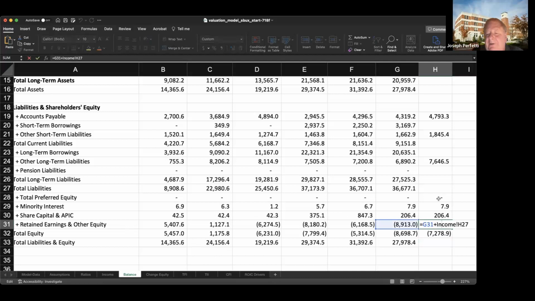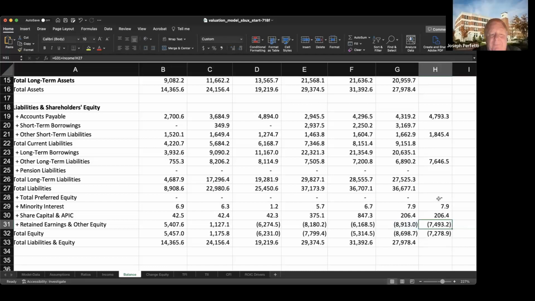So last year's retained earnings, G31, plus this year's change in retained earnings, which was H27, the very bottom line we solved for on the income forecast. Remember, an income statement explains the difference between two balance sheets. So starting balance sheet plus change in retained earnings equals ending balance sheet, equals ending retained earnings. That's the formula we're using here. Okay, thank you.